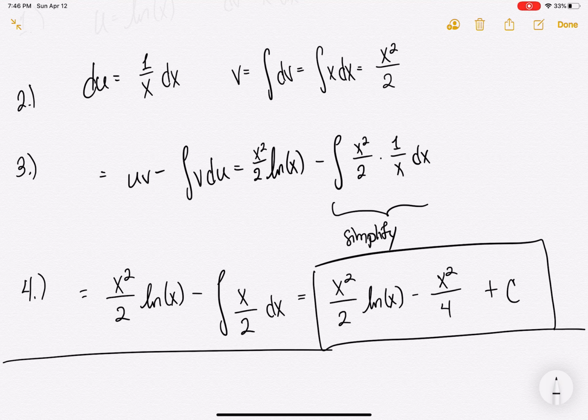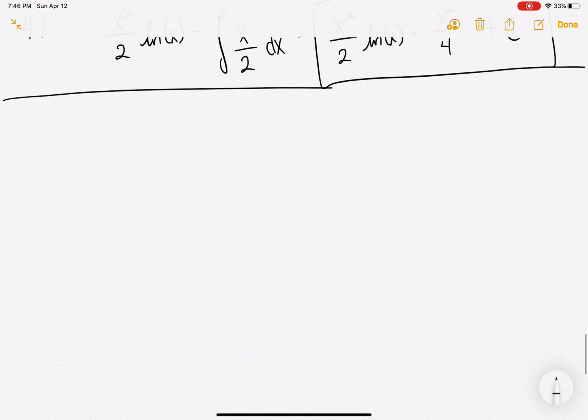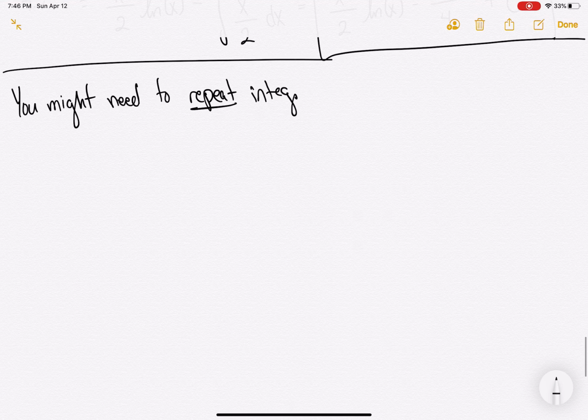I'm going to look over your homework, make sure you can handle everything on there. So let's do one of your homework problems. You might need to repeat integration by parts.